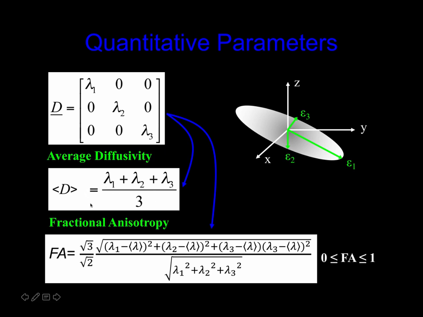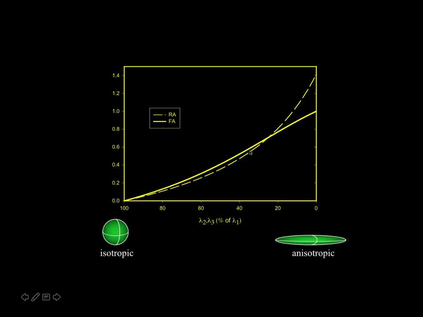And then you can also calculate the fractional anisotropy, which tells us how different the diffusion is in the 3 dimensions of the ellipsoid. The fractional anisotropy runs from 0 being a sphere to 1 being more of a pencil-like shape.